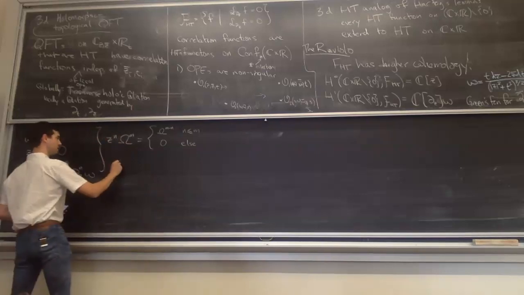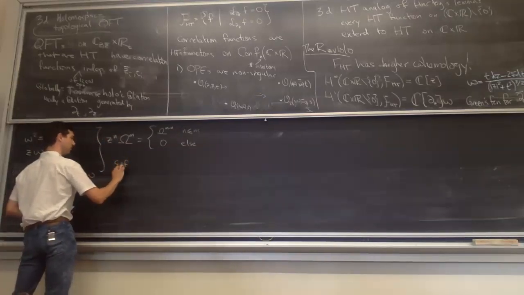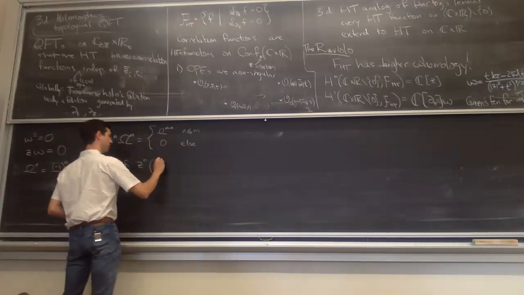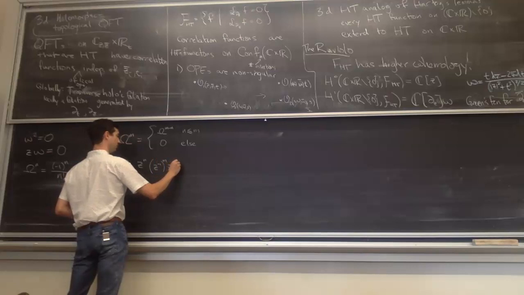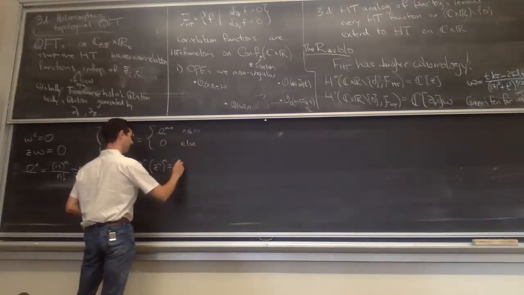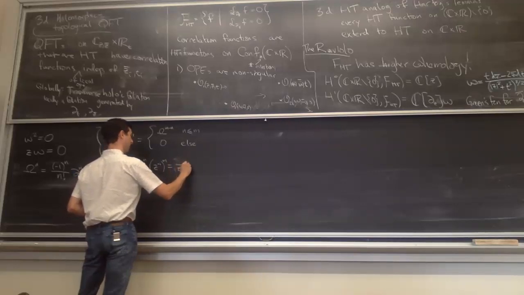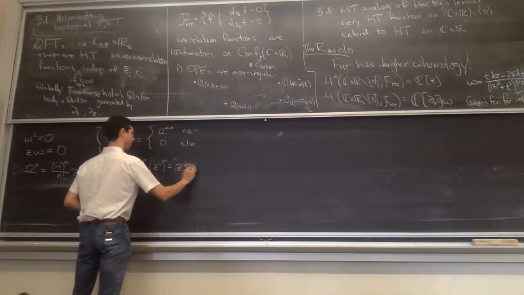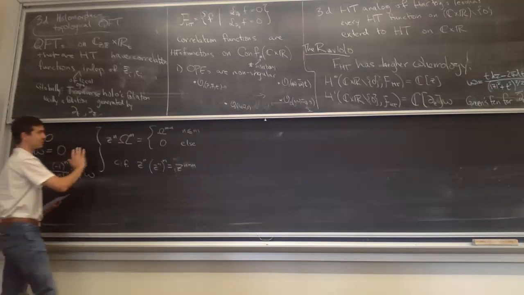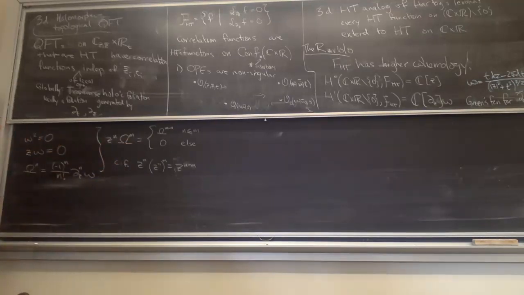You should think of this as the analog of z to the n, z inverse to the m, equals z to the n minus m. So we have zero divisors in this ring, but that's just how it works out. There's no way around it.